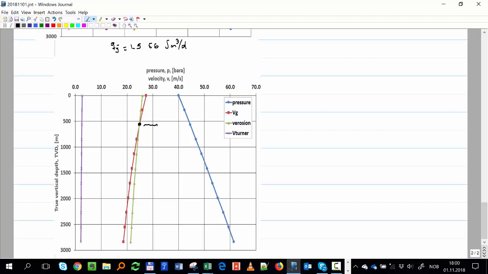So from this point and below, VG is less than the erosional, which is good. But above that point, VG is greater than the erosional, which is not good. So that's actually interesting. That means I cannot produce 1.5, but I should be a bit between 1 million and 1.5. Which is significantly less than the rate I had initially. That was 283.